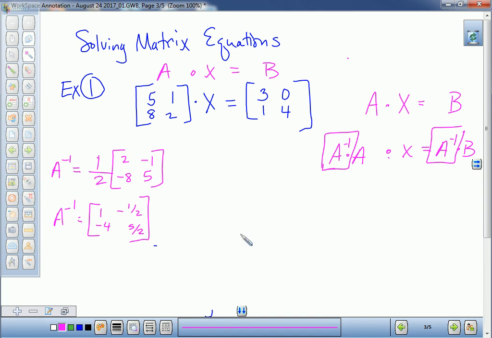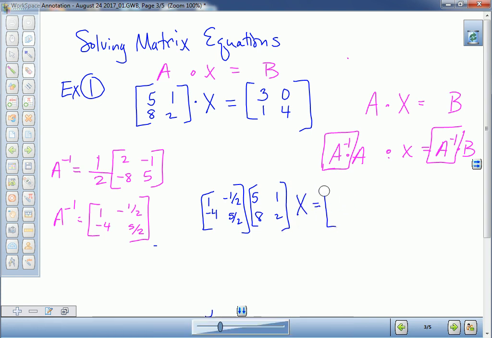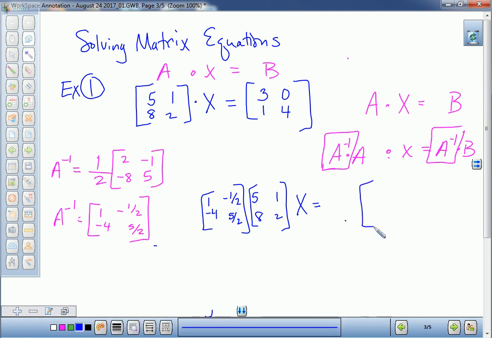On this side, we're going to do A inverse times A. So we have 1, negative 4, negative 1/2, 5/2, times 5, 1, 8, 2, X, matrix X. And then we're going to do the same thing over here. 3, 0, 1, 4, with 1, negative 4, negative 1/2, 5/2.